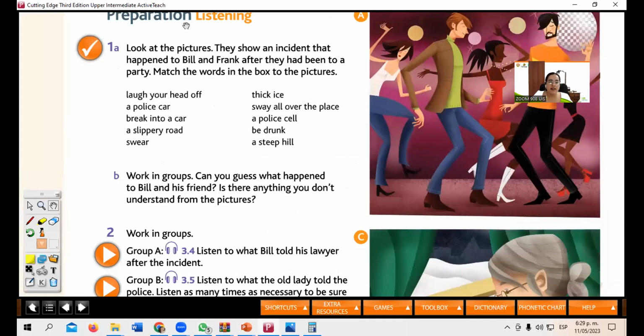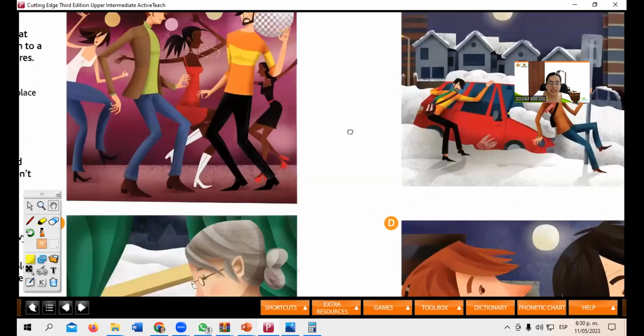Laugh your head off, a police car, break into a car, a slippery road, swear, thick ice, sway all over the place, a police cell, be drunk, or a steep hill.